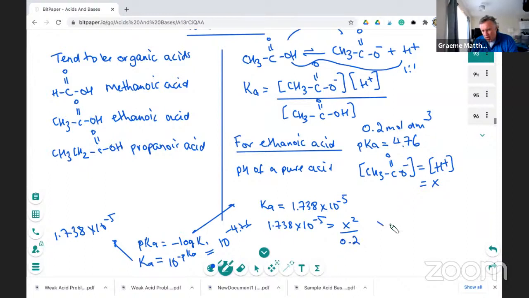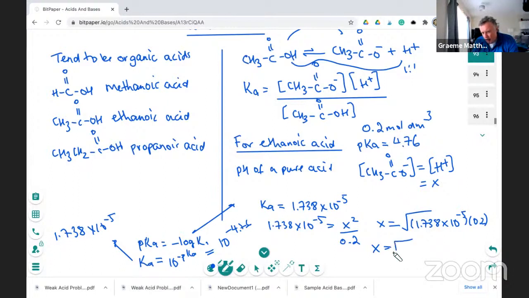And so now x is going to be the square root of 1.738 times 10 to the minus 5 times 0.2.